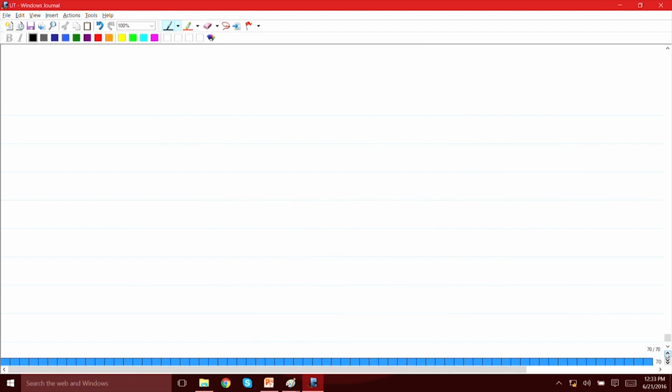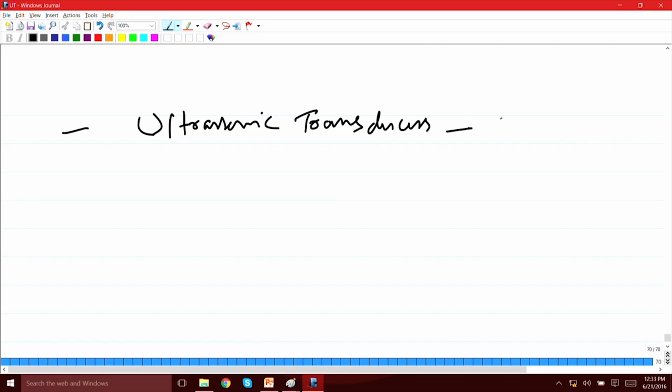And then we learned about different types of transducers and the construction of the transducers. So, we learned about two types. One was piezoelectric transducers, which are also known as electroacoustic, and then we have seen one more type which are known as EMAT or electromagnetic acoustic transducer.